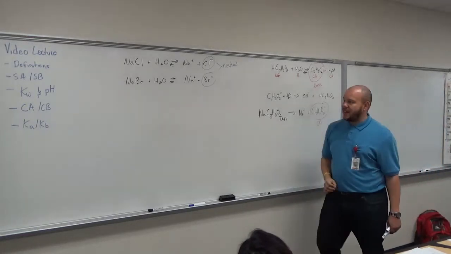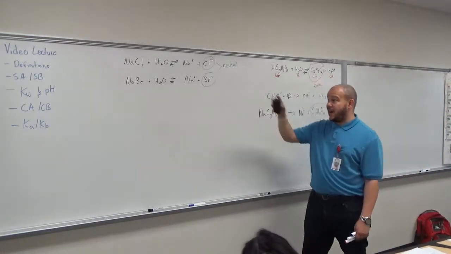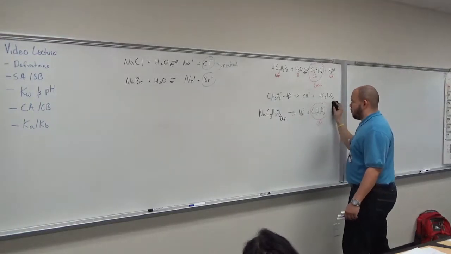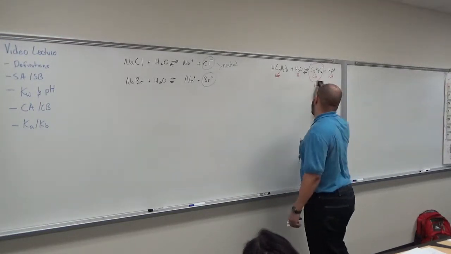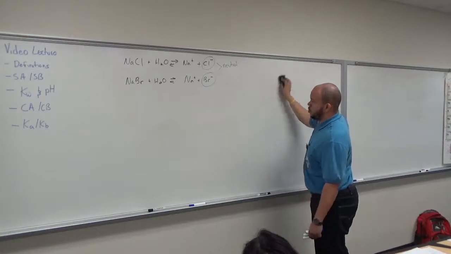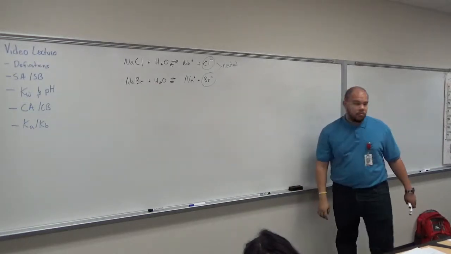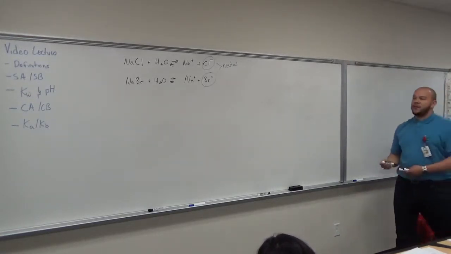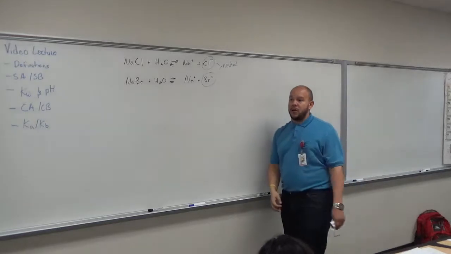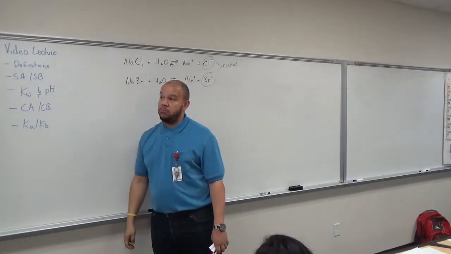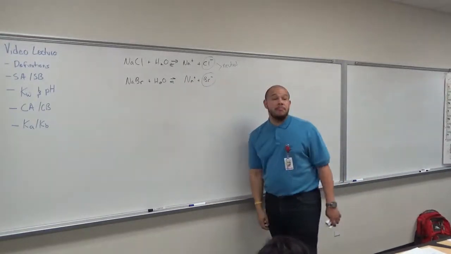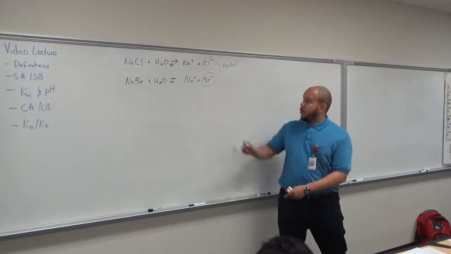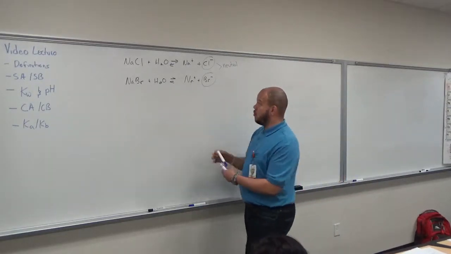But that's anions. We now have to talk about the cations, sodium and other metals in solution. Metals, however, have a little bit different set of rules. Group 1 or 2 metal cations are neutral. Meaning sodium, neutral.